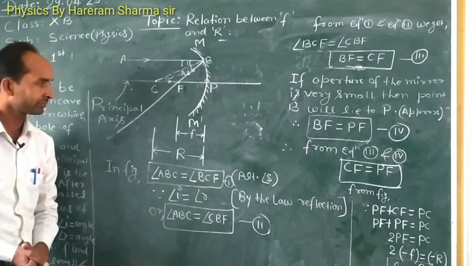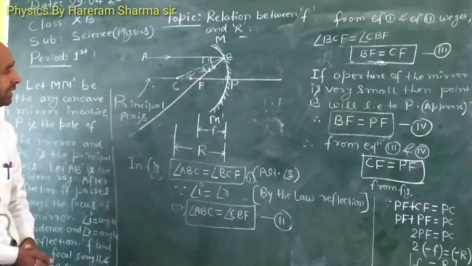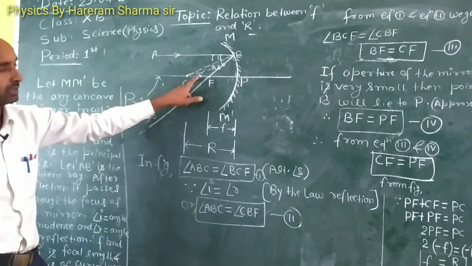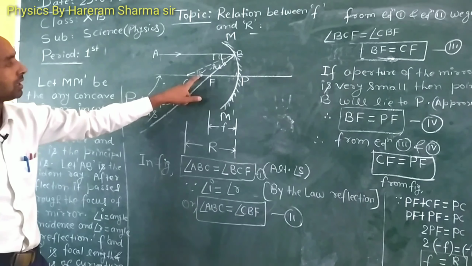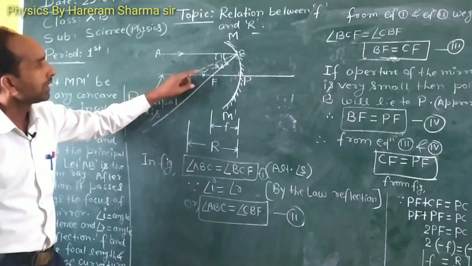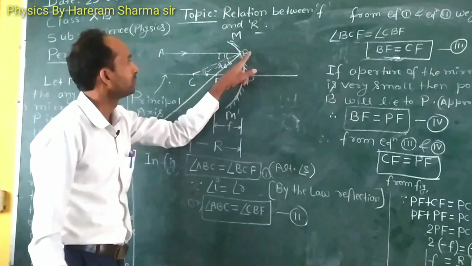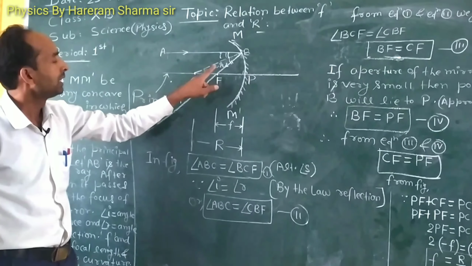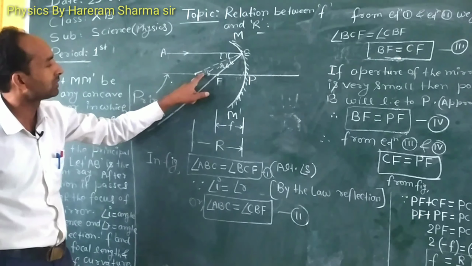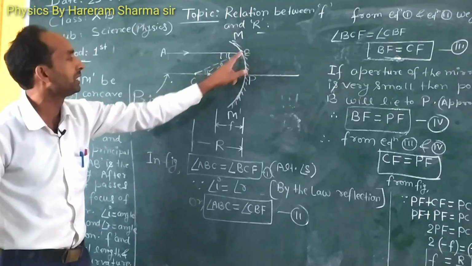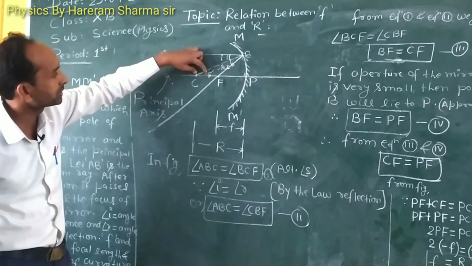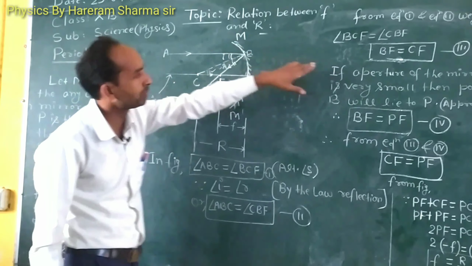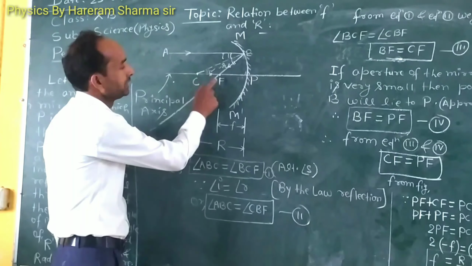And we know that in a triangle, if two angles are equal, then their opposite sides are also equal. In triangle BCF, angle BCF is equal to angle R, that is angle CBF. Therefore, the side opposite angle C is BF, so BF is equal to CF.